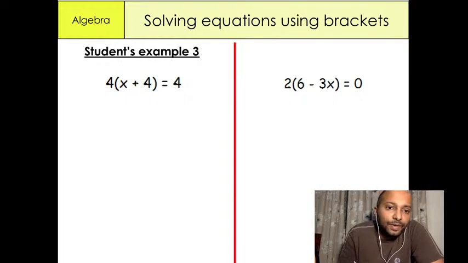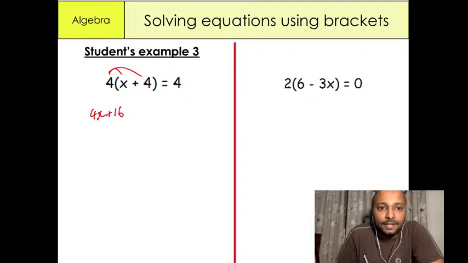So we have 4(x + 4) = 4. I'm going to expand the brackets. So 4 times x is 4x. 4 times 4 is 16, equals 4. Again, what would you need to do to get rid of 16 to make it 0? You're going to minus 16 from both sides. So we have 4x equals 4 minus 16, which is minus 8.